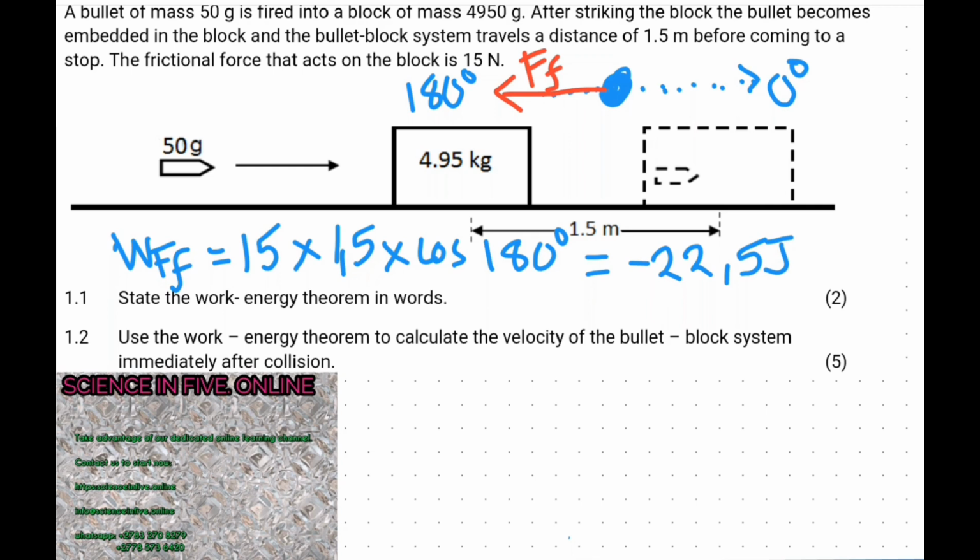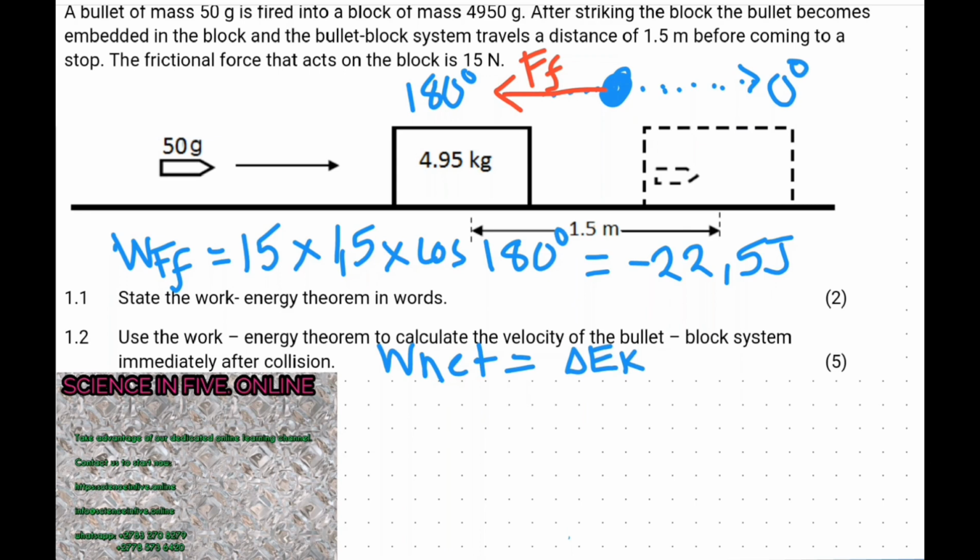Okay, now 1.2 says we need to use the work-energy theorem, so we have to make an opening statement. It says W net is equal to delta EK. W net, the net work done. We know that the net work done is the work done by all the forces that are acting on the object.